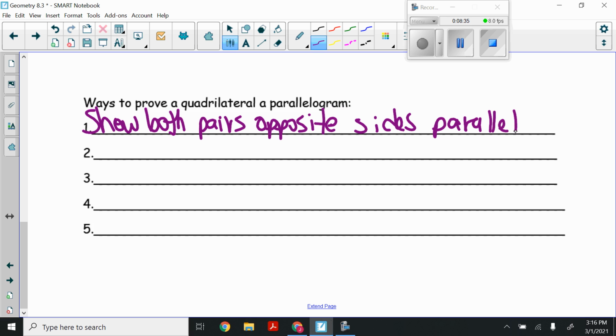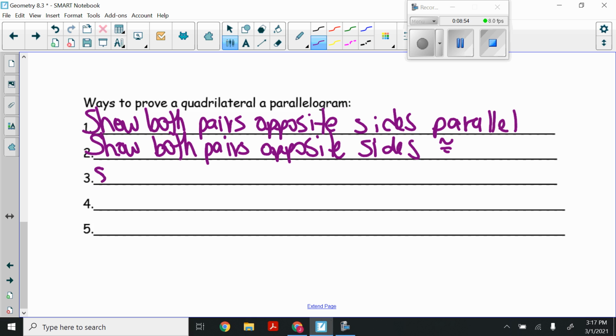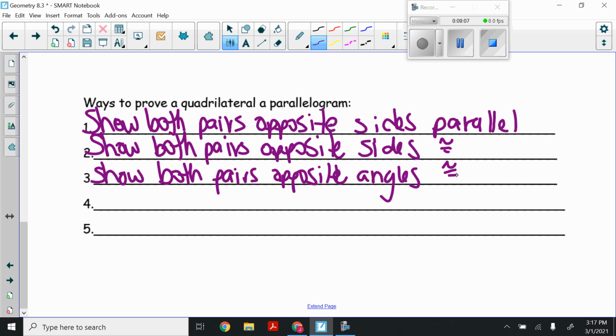Another way we can prove it's a parallelogram is to show both pairs of opposite sides are congruent. That will prove that it's a parallelogram. The next way would be to show both pairs of opposite angles are congruent. That would prove that it's a parallelogram.